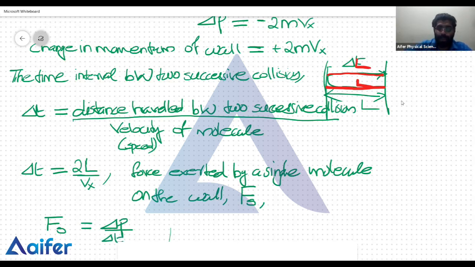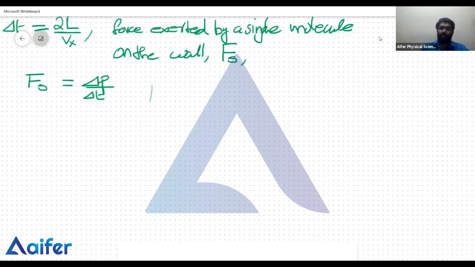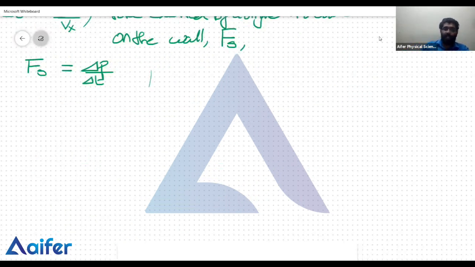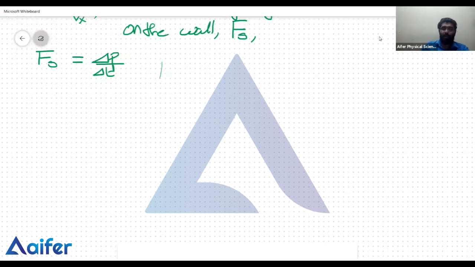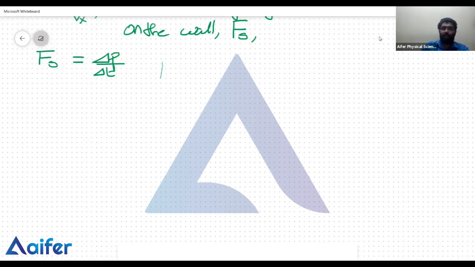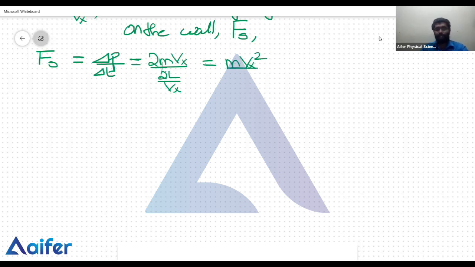We have just calculated the change in momentum of the wall is 2mvx, divided by the time taken for it, which is 2L by Vx. So the 2 will cancel, giving mvx square divided by L. This is the force exerted on the wall by the single molecule: change in momentum of the wall divided by the time taken between two successive collisions.